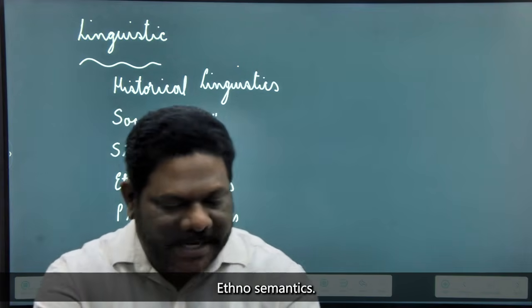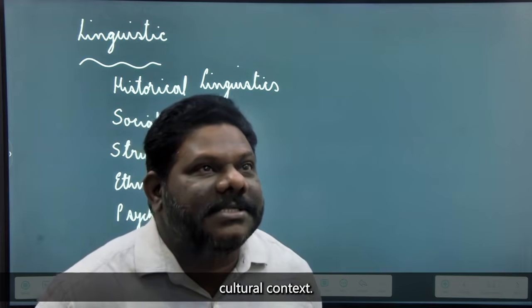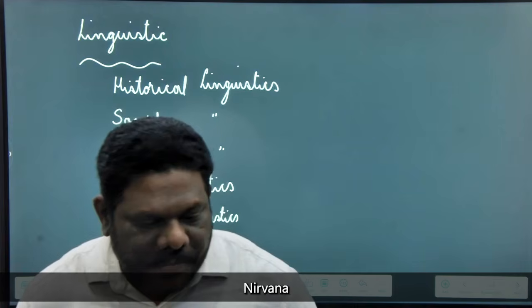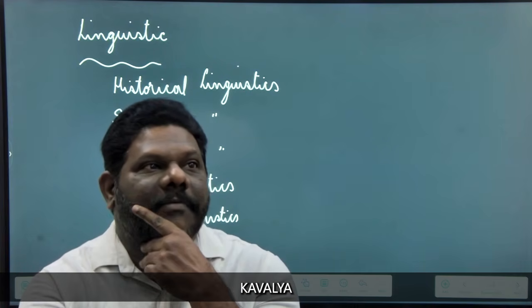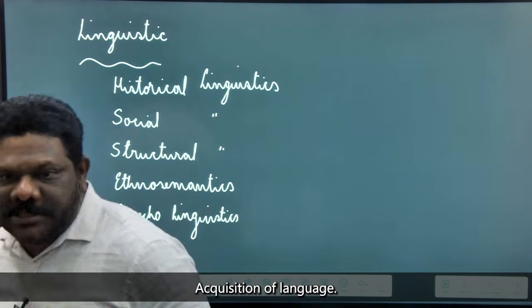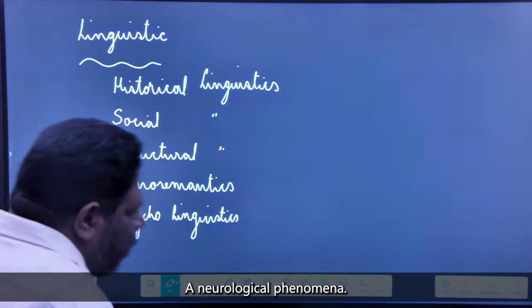Next, ethnosemantics, the meanings of words in different cultural contexts. For example, moksha in Hinduism, nirvana in Buddhism, kaivalya in Jainism. Psycholinguistics studies acquisition of language as a dynamic neurological phenomenon.